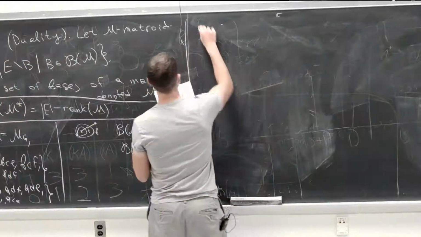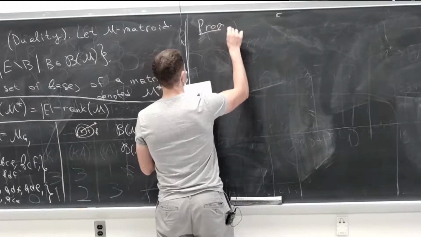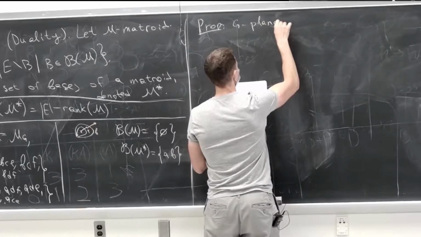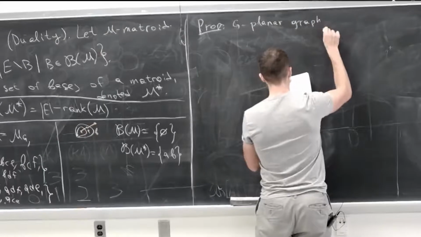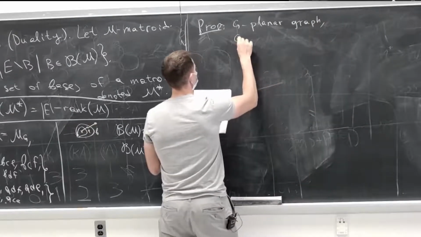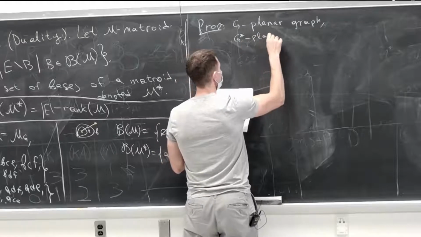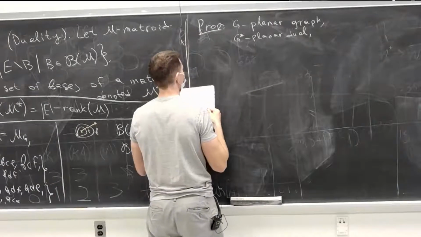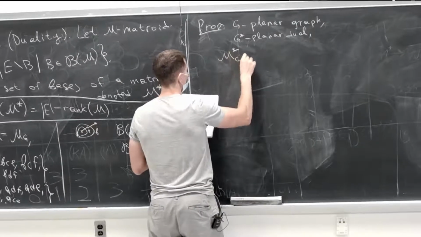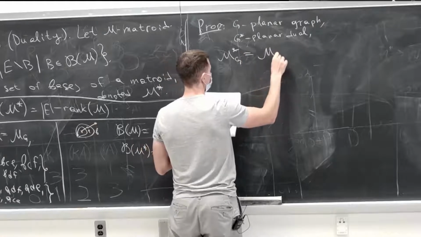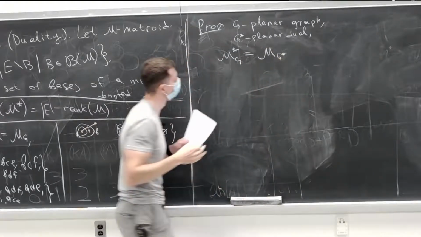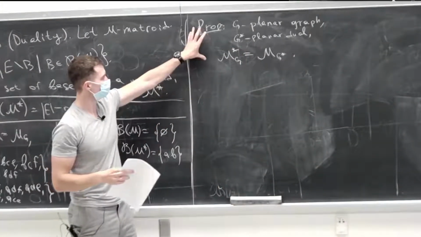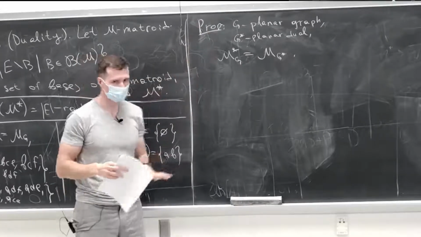All right, so indeed there is a proposition: if G is a planar graph, and you take G star to be the planar dual, then the claim is that the dual matroid of G is the same as the matroid of G star. If I write something like this on the blackboard, you should start complaining.